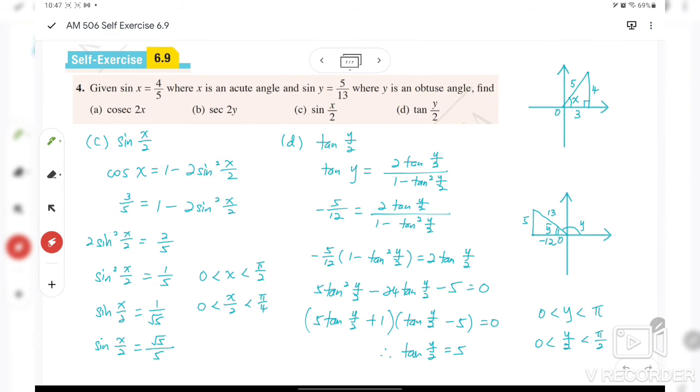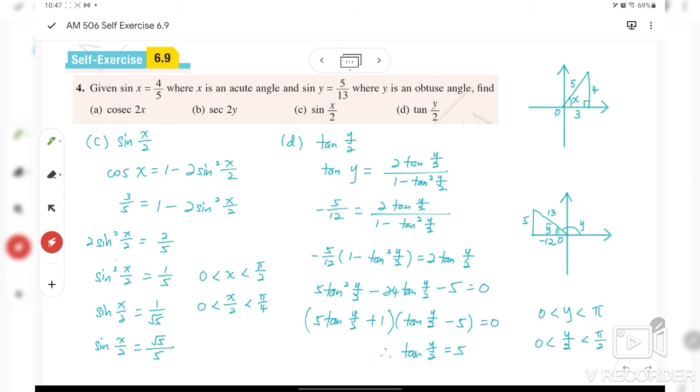Cosine x we can find from the triangle, which is 3 over 5. So cosine x equals 1 minus 2 sine square of x over 2. We change cosine x into 3 over 5 equals 1 minus 2 times sine square of x over 2. And we get 2 sine square x over 2 is 1 minus 3 over 5, which is 2 over 5. So sine square of x over 2 is 1 over 5.